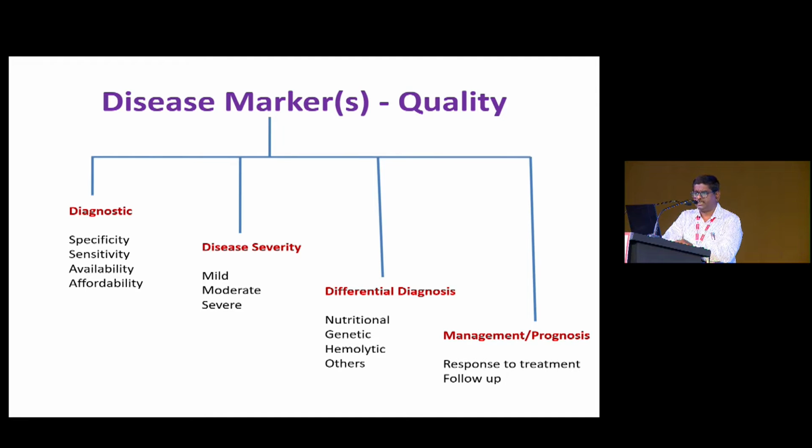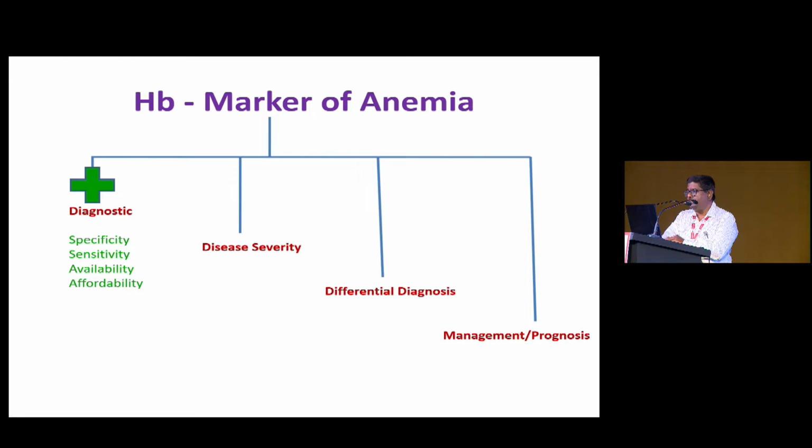What we look for in anemia as a marker, we always go with hemoglobin. Does hemoglobin satisfy all these qualities for a marker of anemia? The answer is yes, it is an important diagnostic marker. It is specific for anemia, yes, we agree.